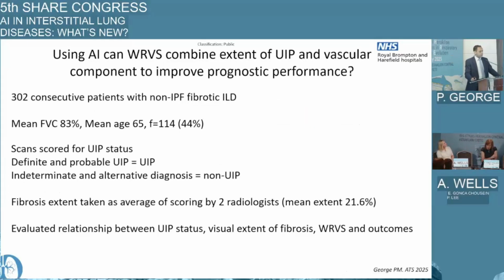This is a study that we put together and presented earlier this year at the ATS, where we wanted to go back and answer this question about UIP versus disease extent. We thought the best way to do this would be to take a cohort of patients with non-IPF fibrotic ILD, around 300 consecutive patients, and we scored them for UIP status, scored by Anand Devraj as either definite or probable UIP, that was considered UIP, or indeterminate and alternative diagnosis, and that was considered not UIP.